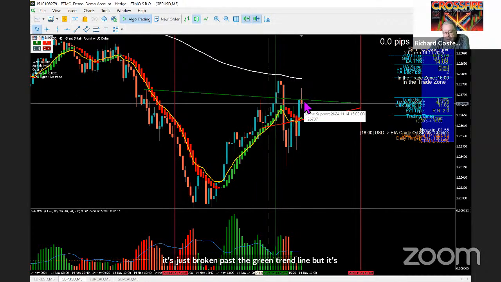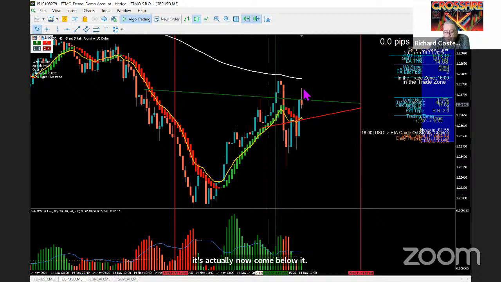It's actually now come below it. But the top of the wick was the high point it got to, and then what you get is a battle between the buyers and the sellers. The buyers are trying to push it above that trend line, and the sellers would say, no, we don't want it above that trend line. So there's a battle going on.